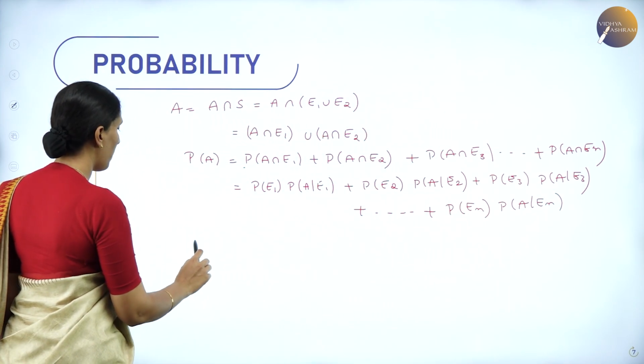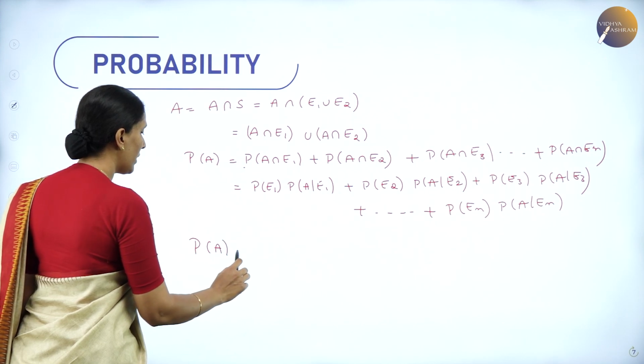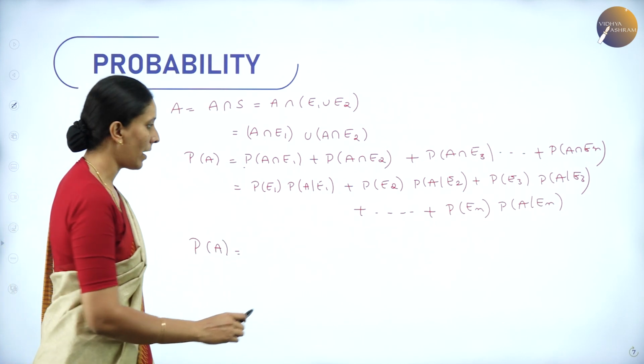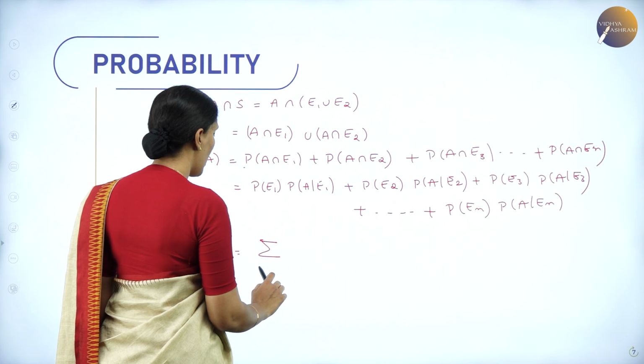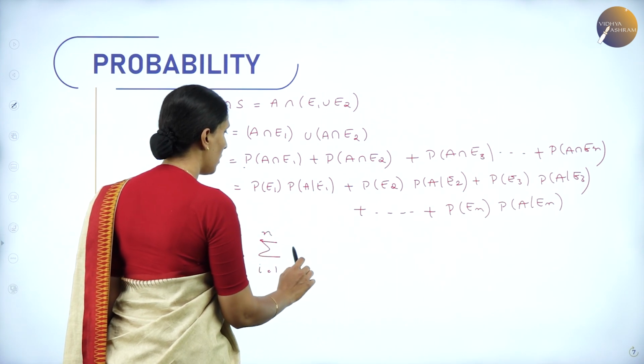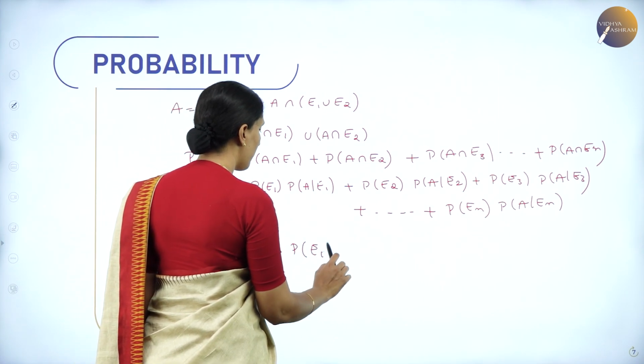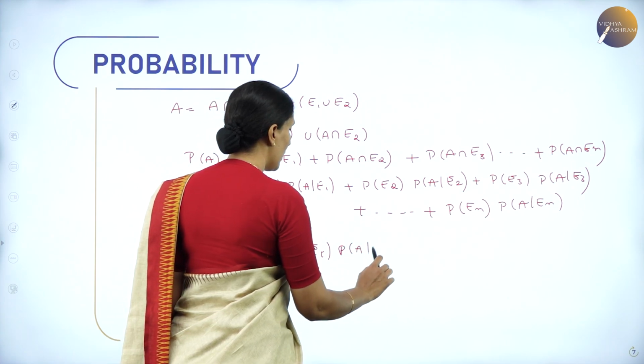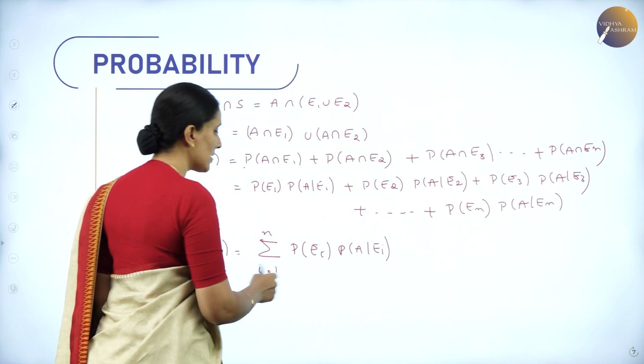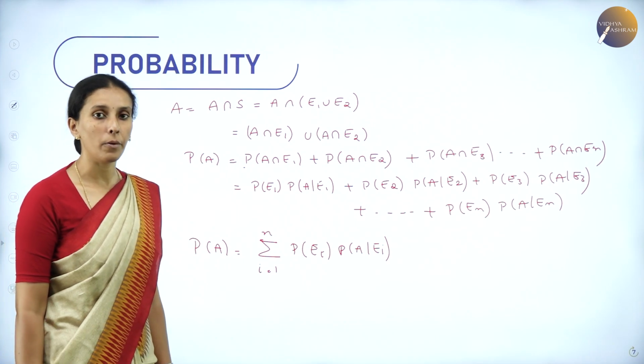Hence the total probability of any event in the sample space is given by summation i varies from 1 to n, probability of Ei, probability of A given Ei. So this is nothing but the total theorem on probability.